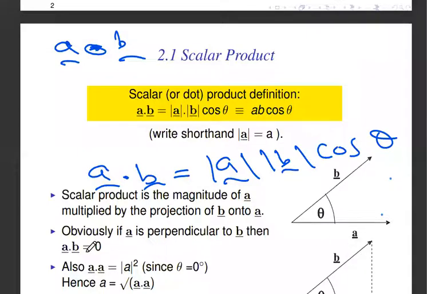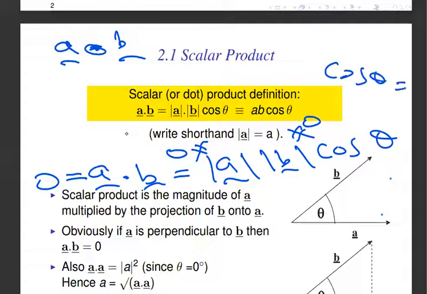So if A and B are non-zero vectors, that means magnitude is not equal to 0. But if the dot product is 0, that means cos of theta is equal to 0.